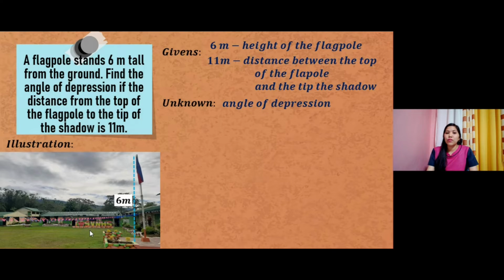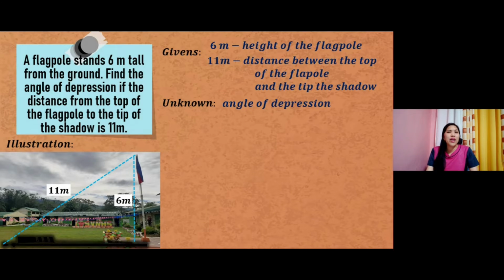But take note, we are not given any measurement. So suppose that this is your shadow. And the last condition, you're given the distance from the tip of the shadow to the top of your flagpole, that is equal to 11 meters. Now, what are we looking for? We are asked to find once again the angle of depression.